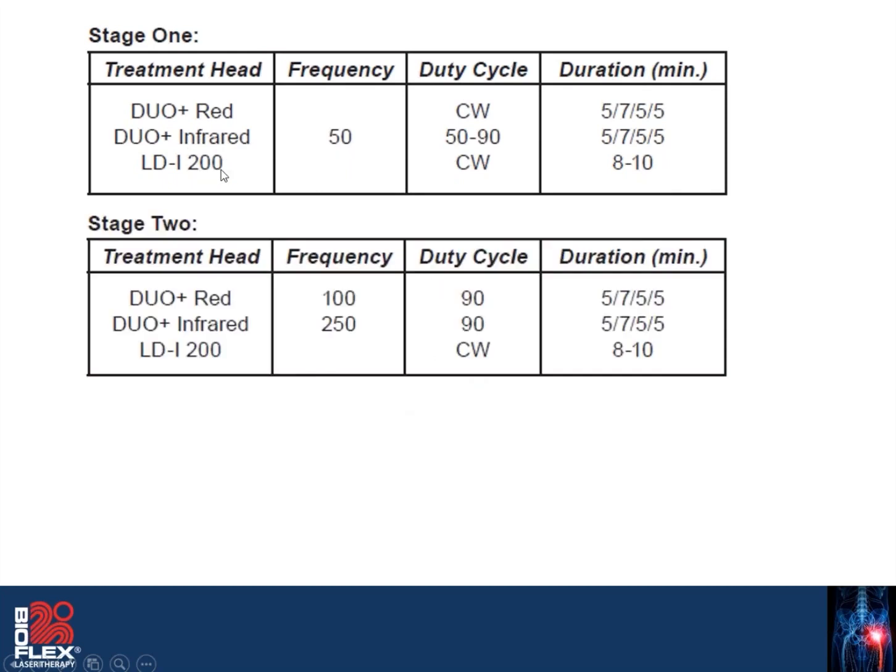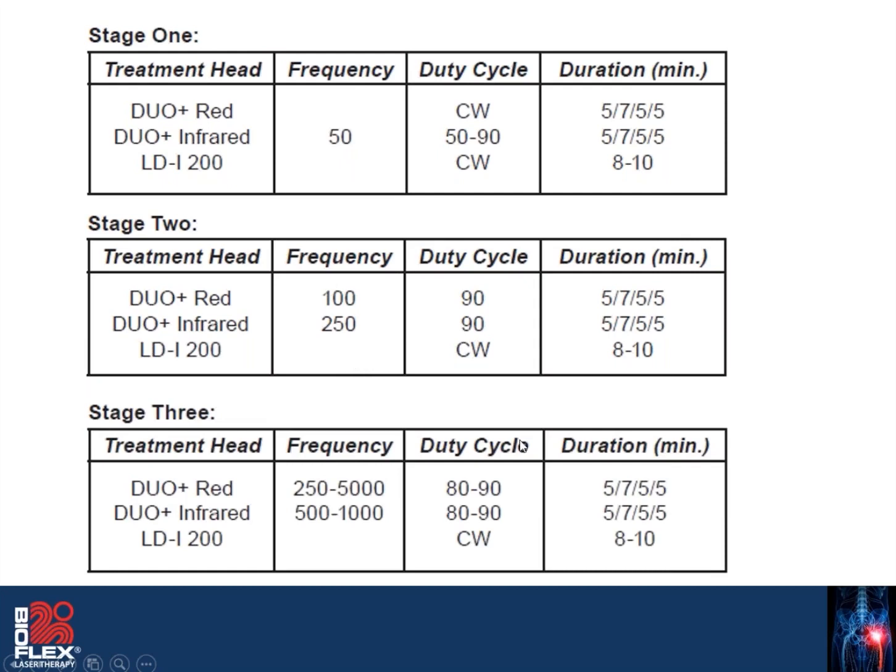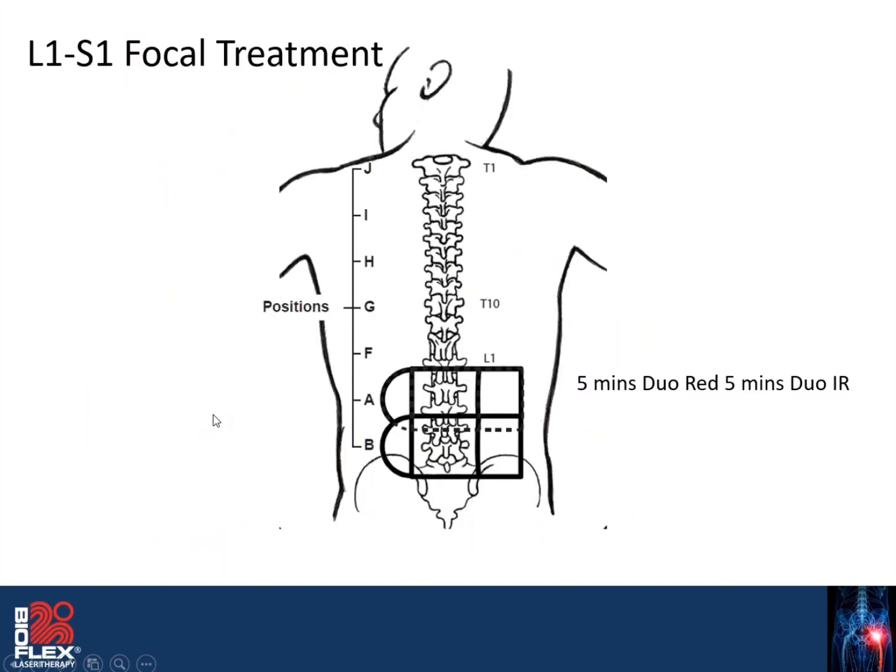We always start at stage 1, a fairly low range, and then we'll make our way up to greater frequencies, greater duty cycles as we approach stage 3, as that patient's progressing or plateauing with respect to their treatment.